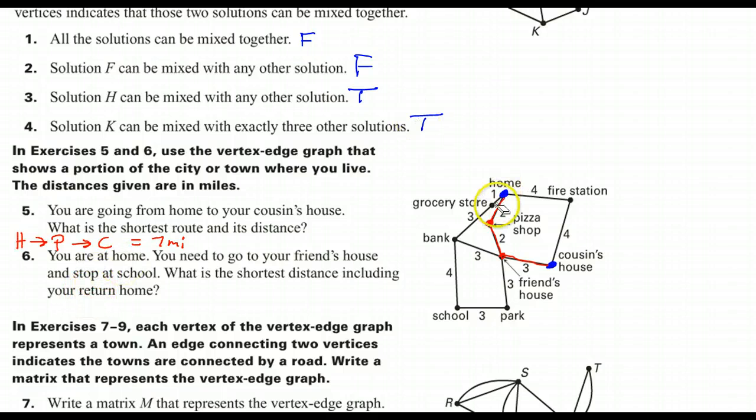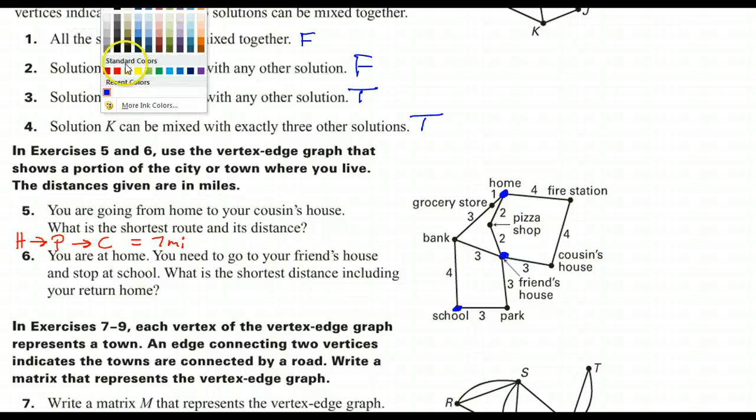Okay, so let's start over again. It says you're at home. Now we need to stop by your friend's house and school. But then we need to get back home again. So what is the quickest way, what is the shortest distance to do that?